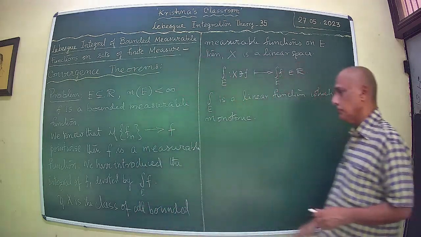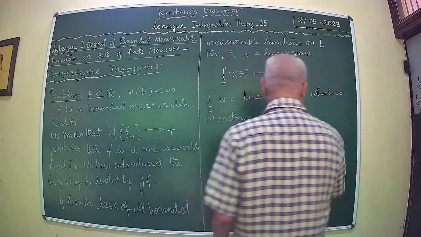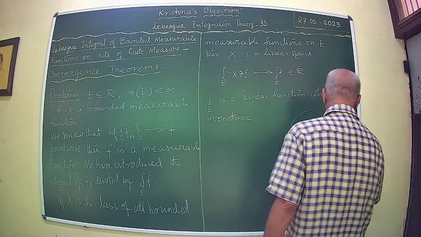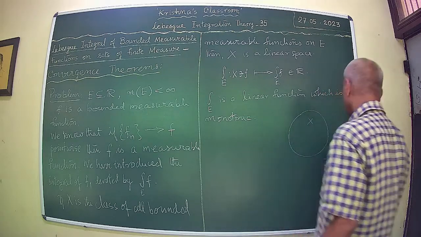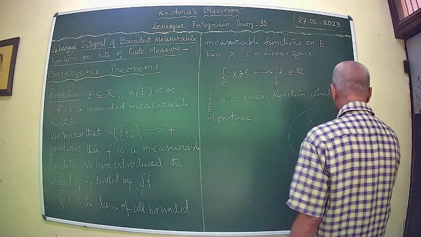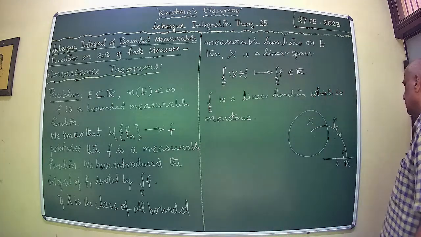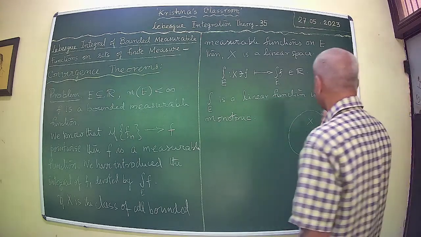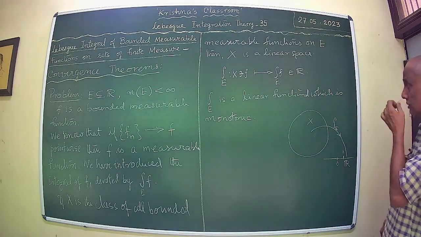You have X here, you have R here, so the integration is a map from here to there, which is a linear function, and it is also monotonic.